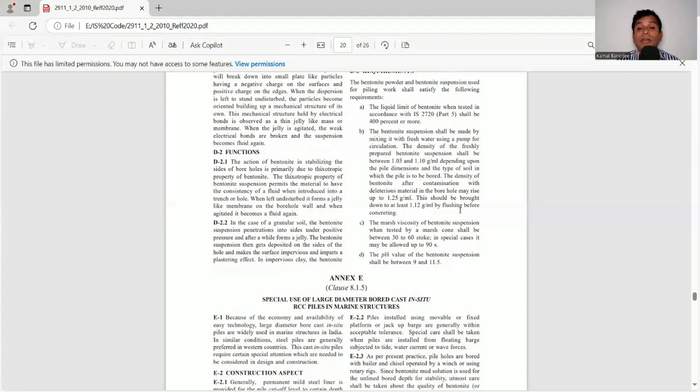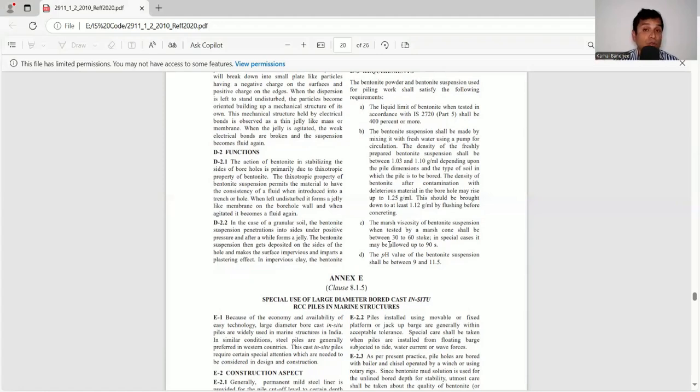It is very important to understand that whenever we are doing the bore, we are giving the bentonite suspension or bentonite slurry inside the bore to stabilize it. What is the density? 1.03 to 1.1. But inside the bore there is mud and water, and with mixing of contaminated or deleterious material, it becomes 1.25 maximum.